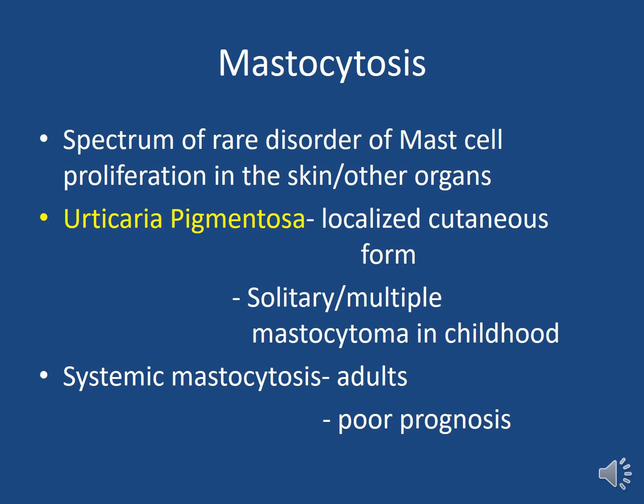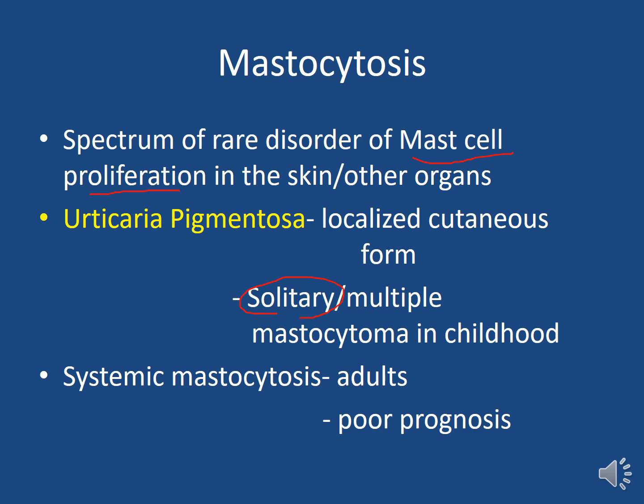So mastocytosis, as its name implies, is secondary to abnormal proliferation of the mast cells in the skin, which may involve other organs of the body. Clinically, it may present with urticaria pigmentosa, the localized cutaneous form of mastocytosis, where you will be able to see single or multiple lesions, primarily seen in children.